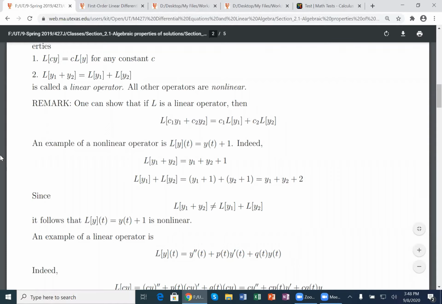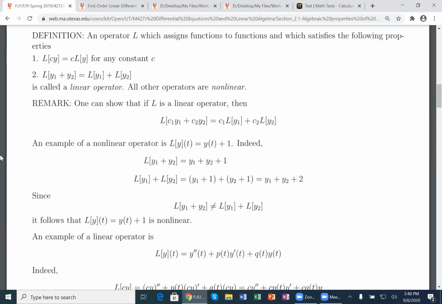Folks, any questions here? Can you explain how you got between those last two steps, like the L of y1 plus y2 to the next one below that? No. These are two different steps. We do not deduce this from this or this from this.